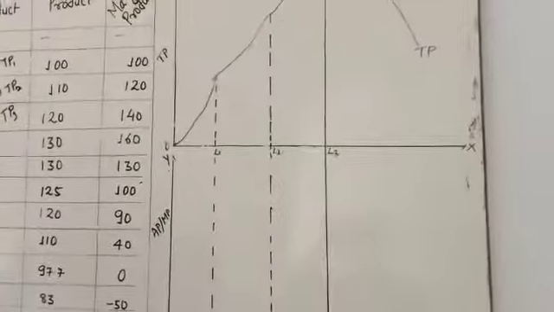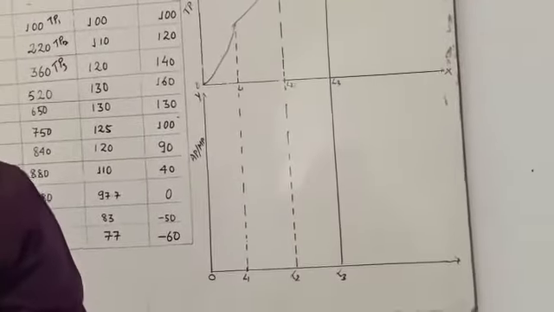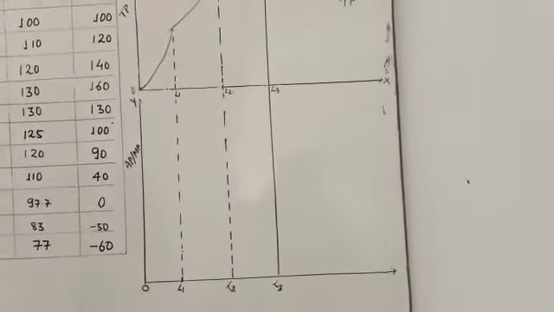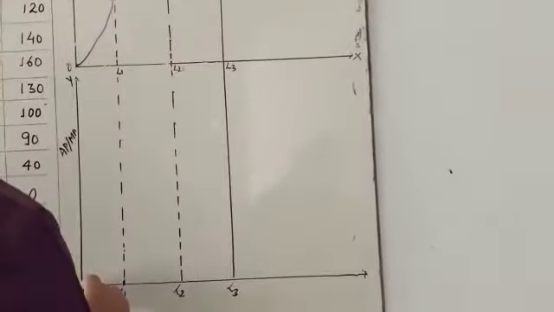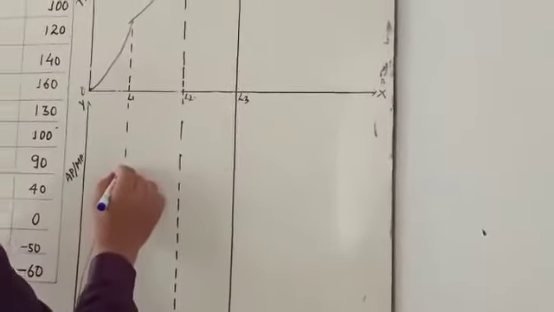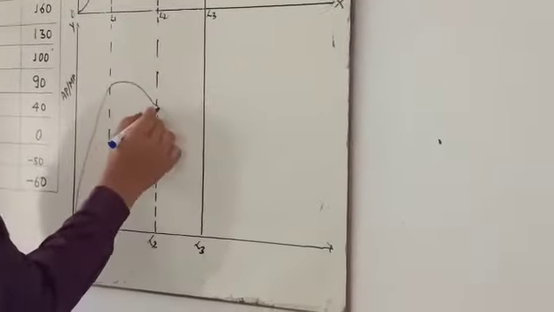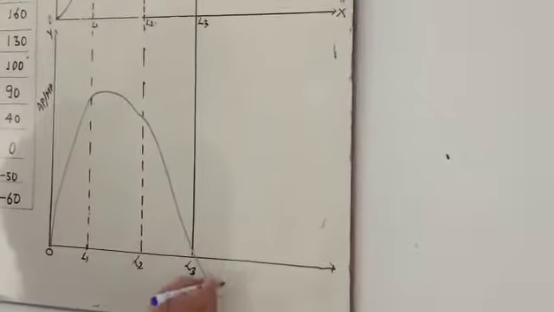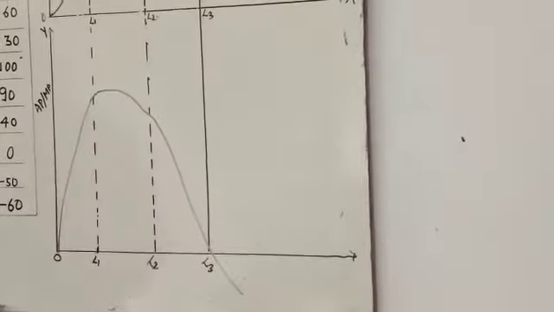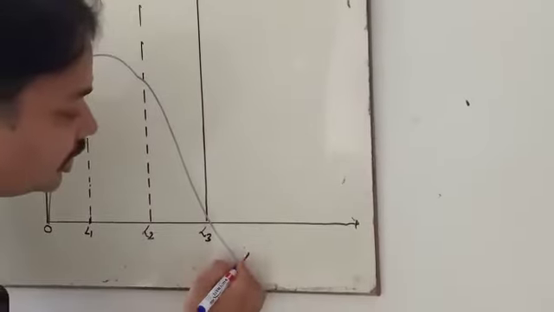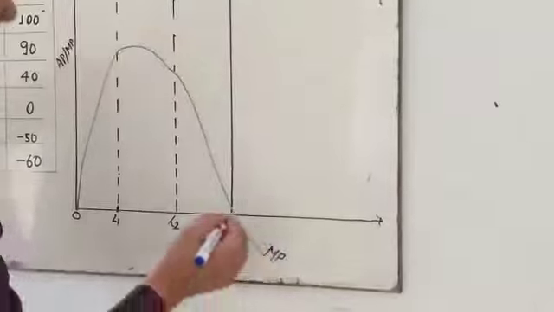What about MP? MP is going to fall down. You start from the beginning here. This is called MP. This MP is going to fall down. That is called marginal product.